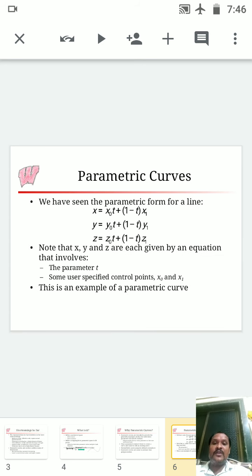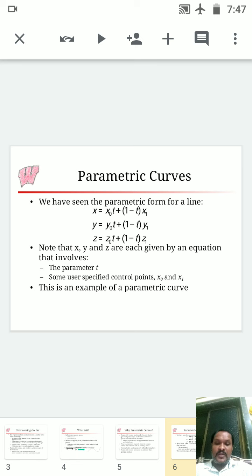Let us see the parametric form of a line. Suppose we have the line (x, y, z). First, x equals x0 times t plus (1 minus t) times x1, where x0, y0, z0 are the points with respect to the x, y and z directions, and x1, y1, z1 indicate the next point from the origin.